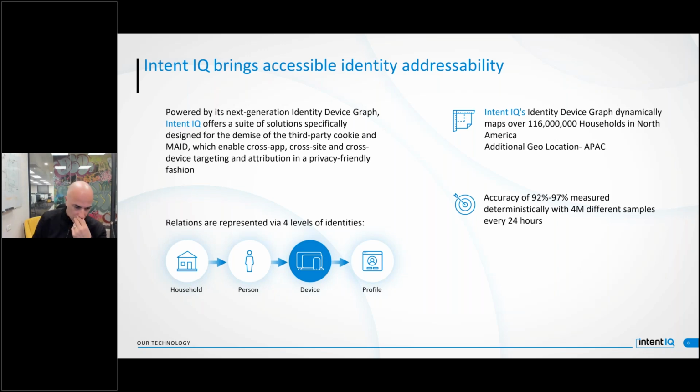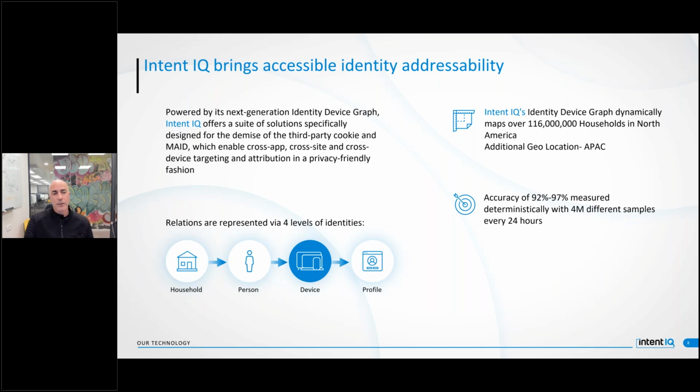When we faced that problem of multiple identities in the digital landscape, we came to realize that we are envisioning 4 levels of identity, just like in your real physical world. We have the household level, which is a representation of your physical house in a digital manner.